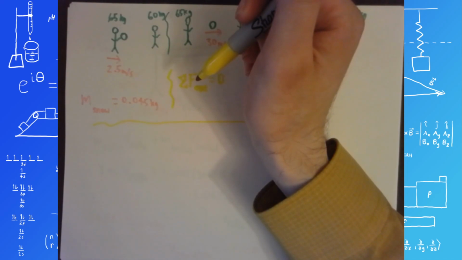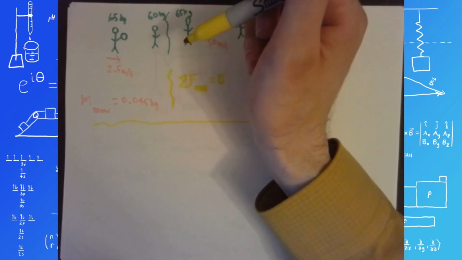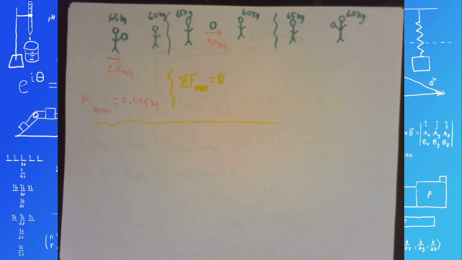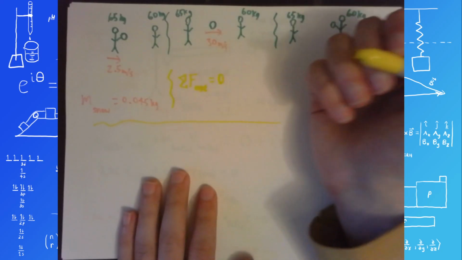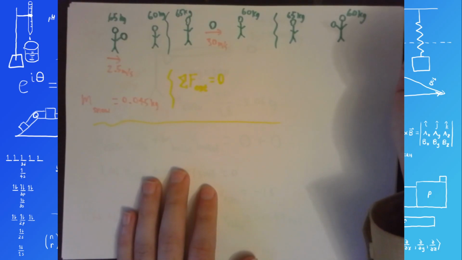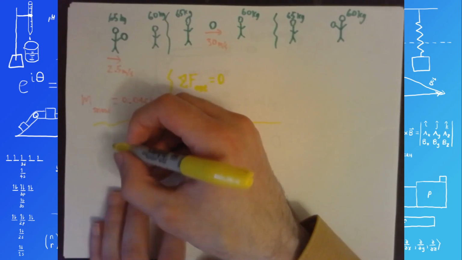And I can't think of any other possible external forces. Air resistance isn't here, friction isn't here. We're told to consider those to be negligible, or at least we can reasonably assume that they're negligible. And yeah, I think we're good to go with our conservation of momentum equation.